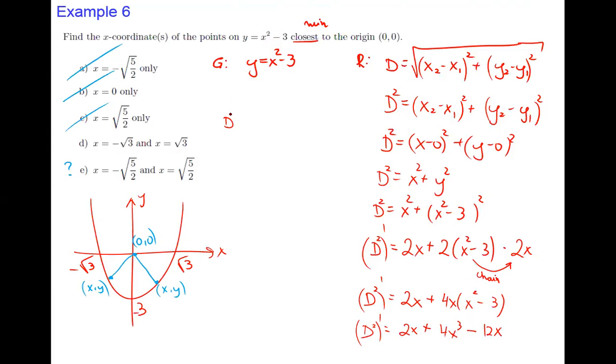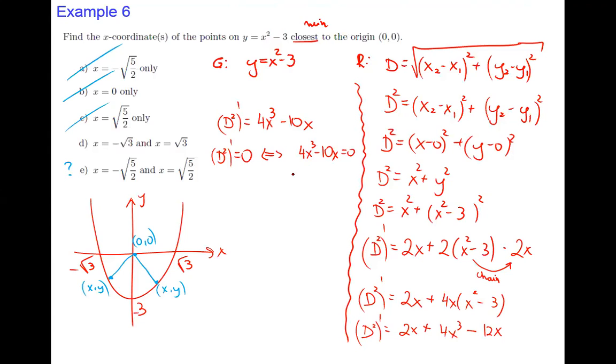Let me write here, the derivative of my function is 4x cubed minus 10x. That means the derivative is 0 if and only if 4x cubed minus 10x is 0. I can factor out 2x.